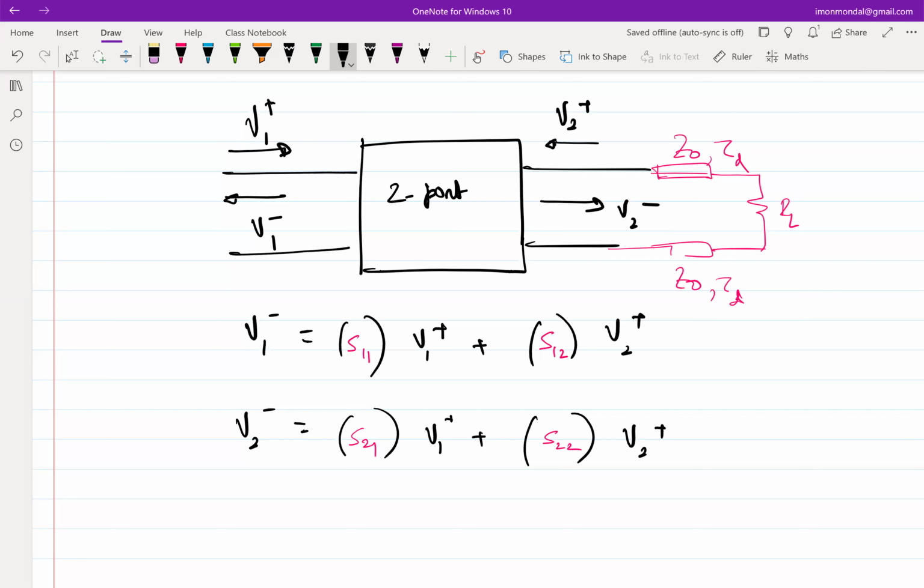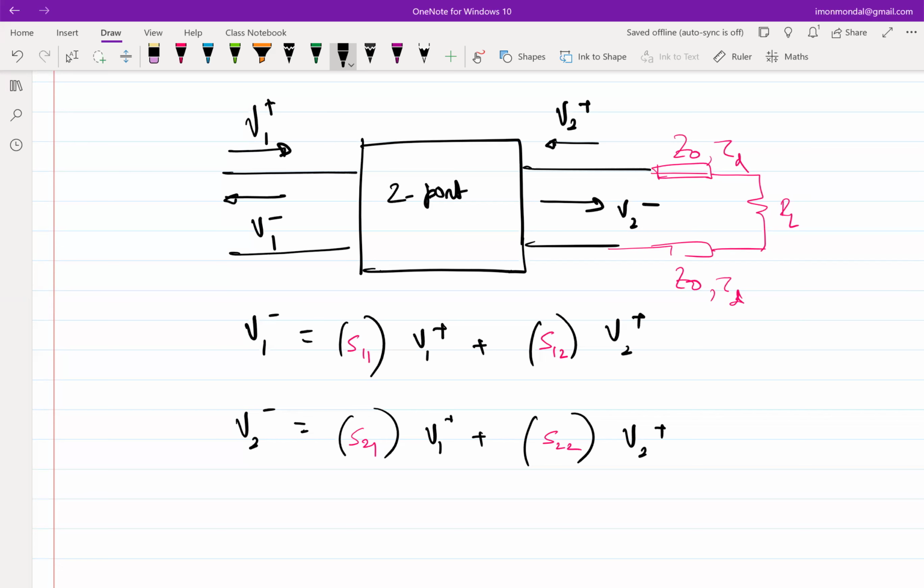So V2 plus 0 means that there is no reflection from the load end, right? Again, the distinction is that this plus minus V1, V2 plus minus are with regards to the 2-port network, not with respect to the load or the source.